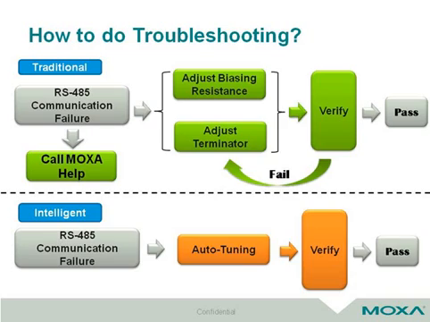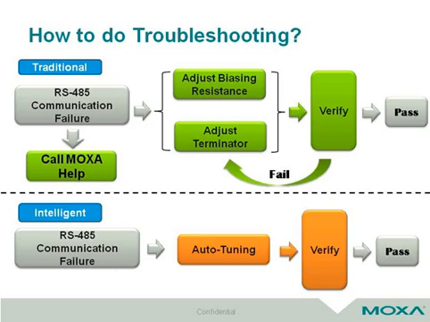Moxa heard that, and we thought, why don't we provide an intelligent way to save our time? So, Intelligent RS485 provides an intelligent way to do troubleshooting. We use the auto-tuning function to replace manual adjustment. What is the auto-tuning function?